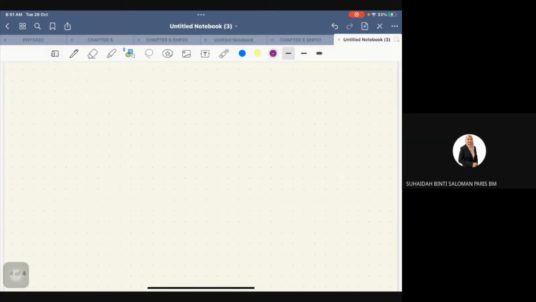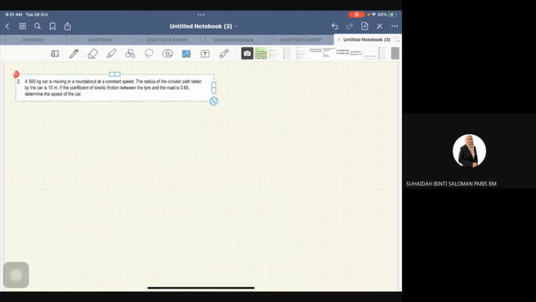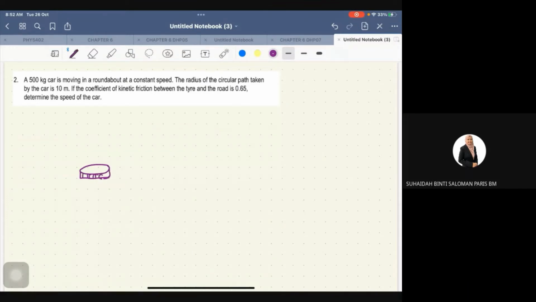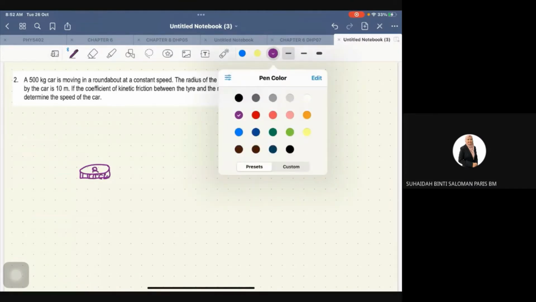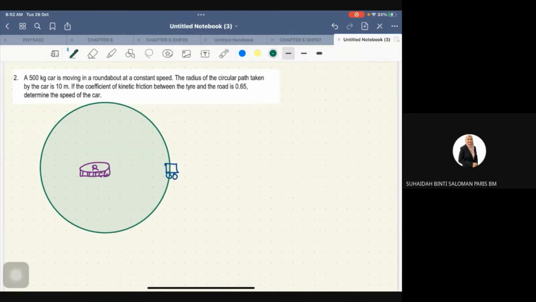Cuba sebab kat sini. Center pula. Ya Allah.